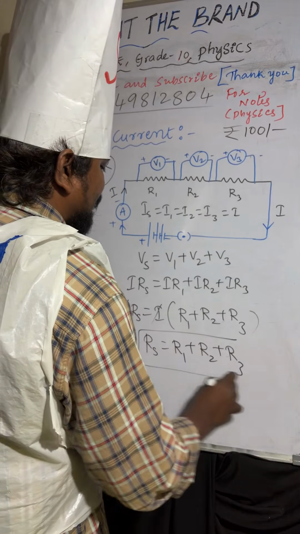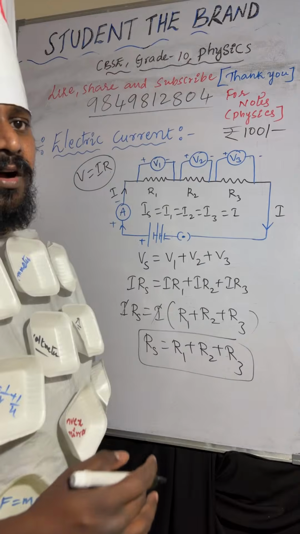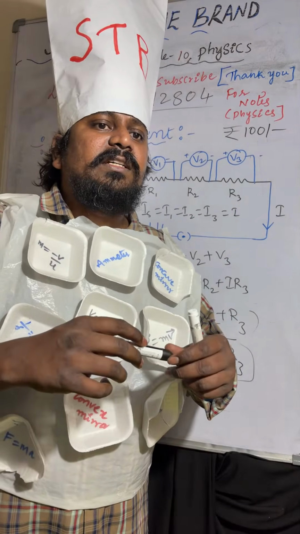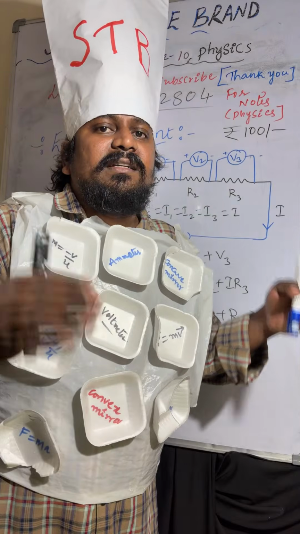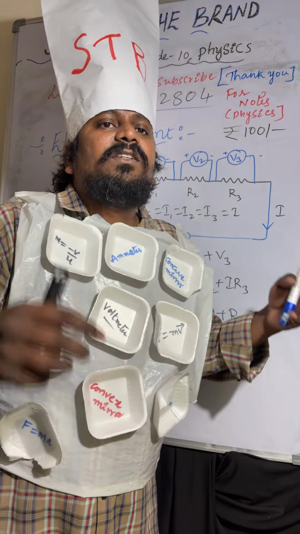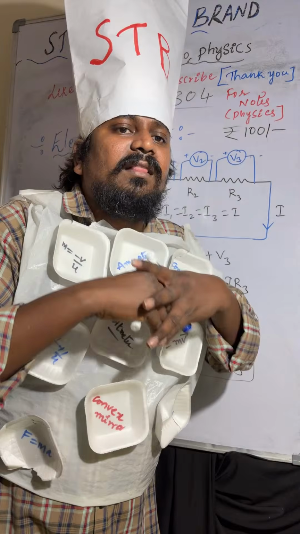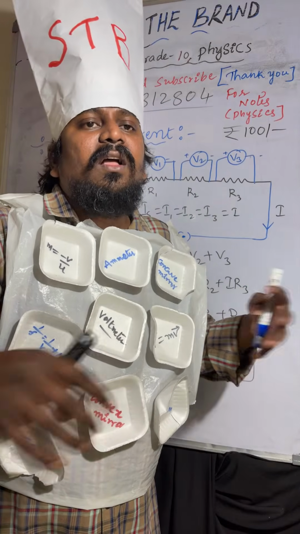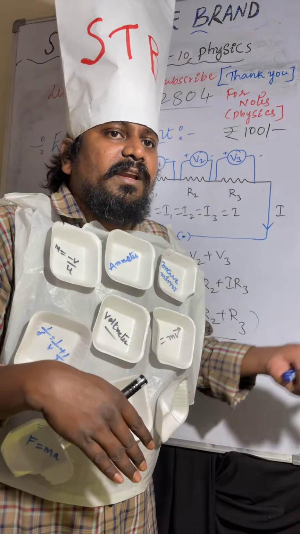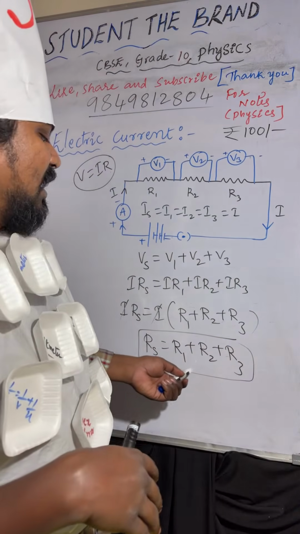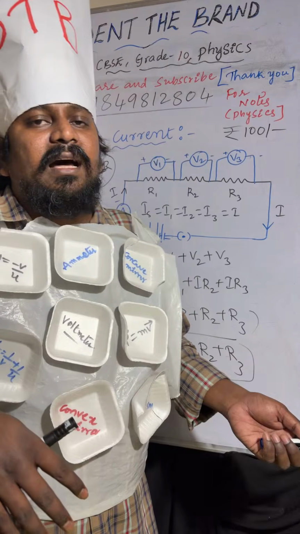So if resistors are connected in series combination, simply you have to add all the resistances. RS equal to R1 plus R2 plus R3.